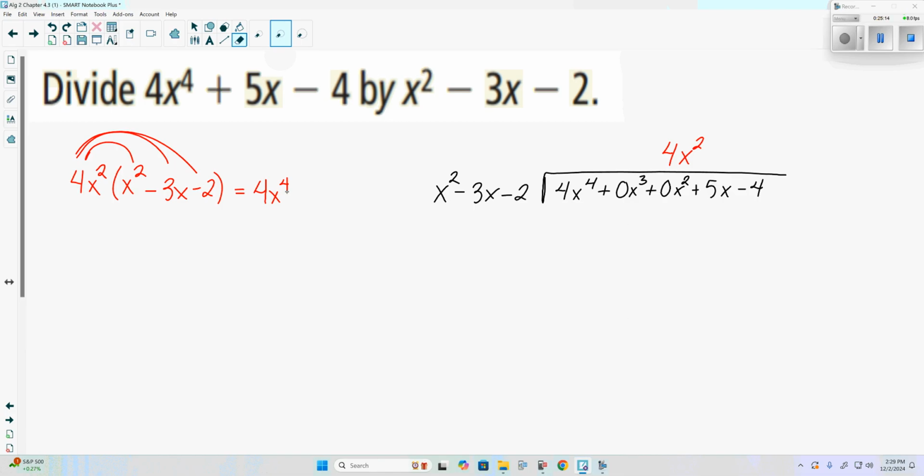Now we have 4x squared times negative 3x. 4 times negative 3 is negative 12. X squared times x is x to the 3rd. And lastly, 4x squared times negative 2. 4 times negative 2 is going to be negative 8, and we have x squared.